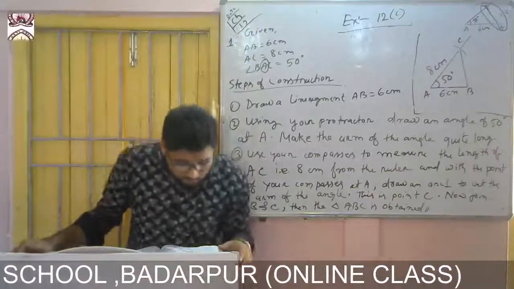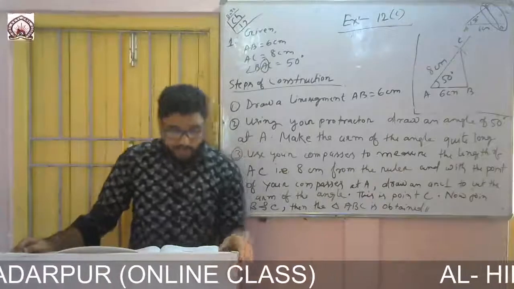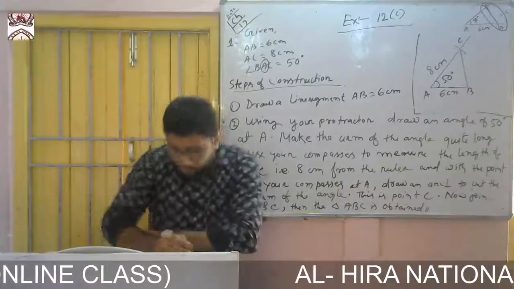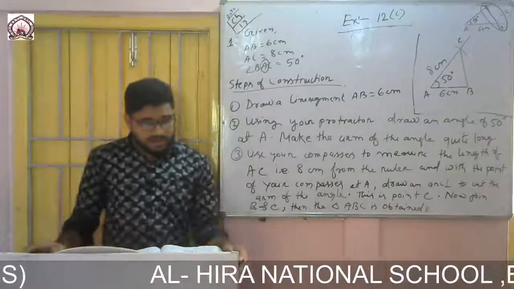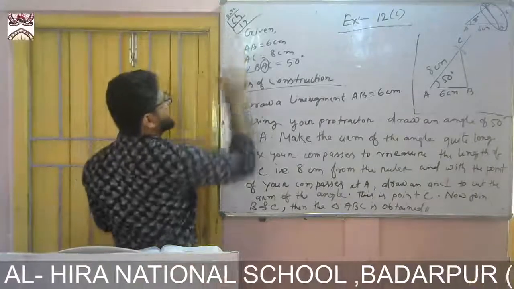PQ equals to 5.5, QR equals to 6.5, and angle Q equals to 40 degree. So question number 2 I am solving. First write what is given.